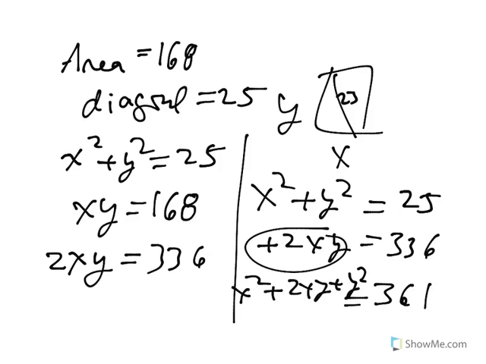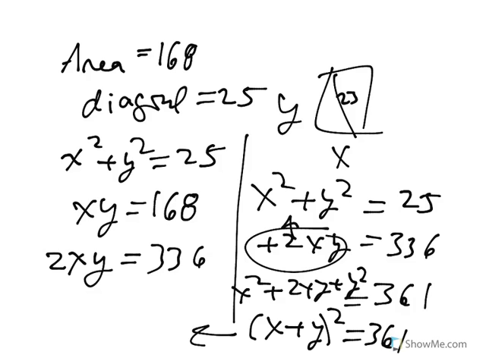But adding 2xy to this turns it into something that can be factored. So it becomes x plus y squared equals 961, and take the square root of both sides and get x plus y equals 31.